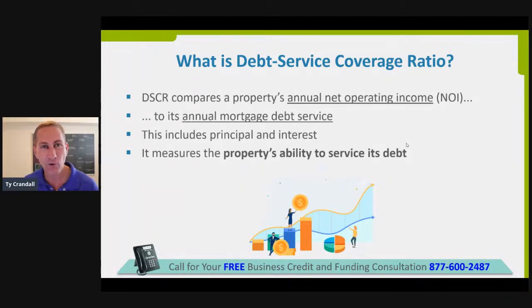If you owe $500 a month on the property and you're getting $2,000 a month in rents, that makes a lender feel really good, because even if one or two people don't pay on time, the property still generates more than enough income to pay the mortgage payment itself. So this is very important. I'd take a screenshot of this if you're interested in commercial real estate, because DSCR is one of the most important factors when it comes to buying a commercial property.